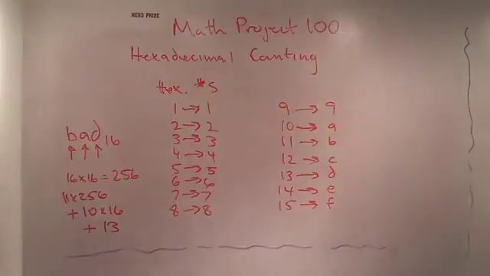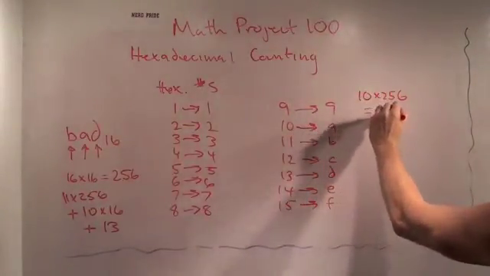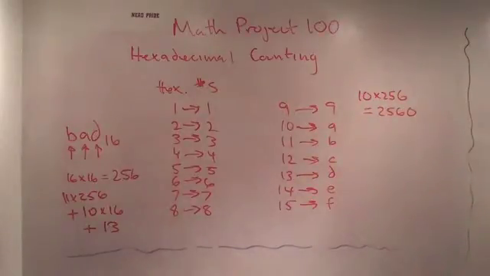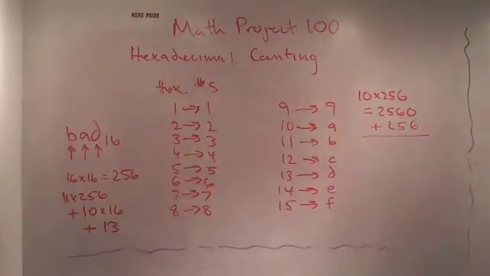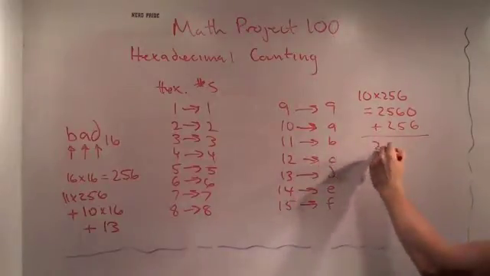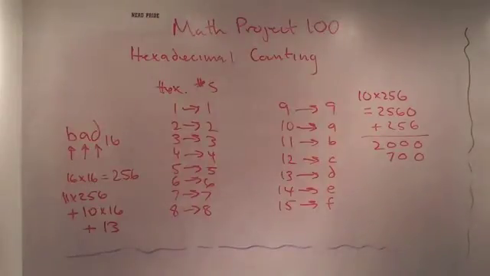This will be the last example we do. So can you figure out what 11 times 256 is? Well, 10 times 256 is 2,560. And how are we going to figure out what 11 times 256 is? Just add 256. We'll get 2,000, and then 500 plus 200 is 700, 60 plus 50 is 110, plus 6.